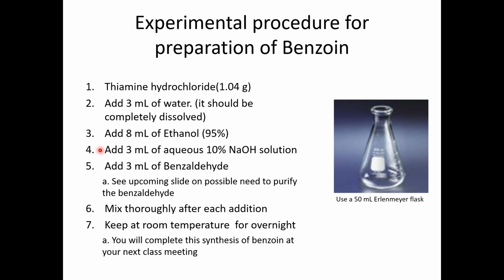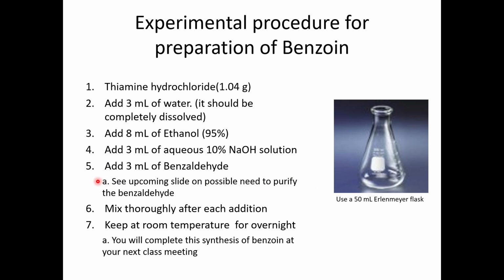Then we're going to add 3 ml of aqueous sodium hydroxide solution. Remember, this sodium hydroxide solution is going to help deprotonate the thiamine hydrochloride to make the base for the condensation. And then we're going to add 3 ml of benzaldehyde, which is our main reagent of the experiment.